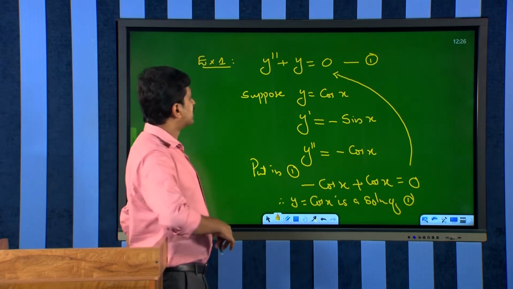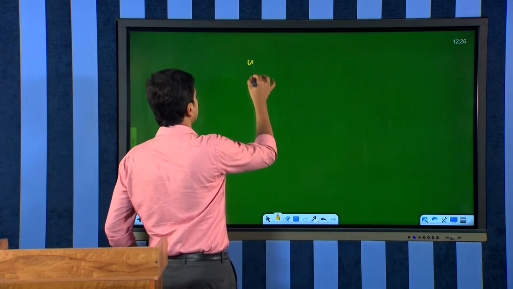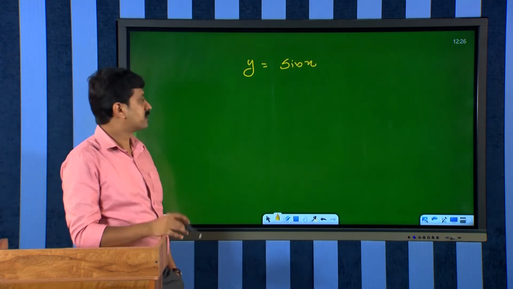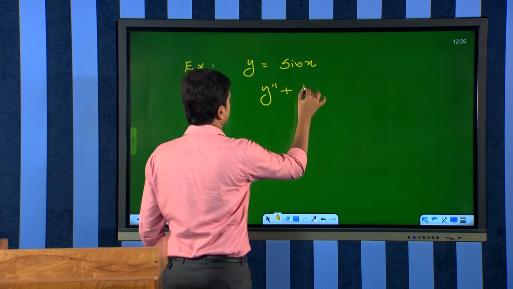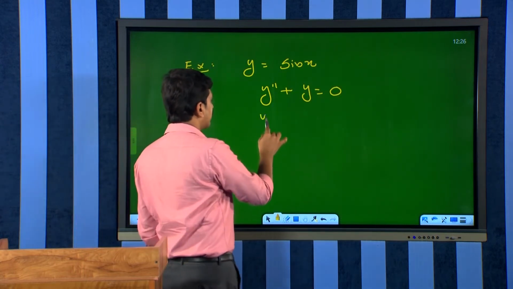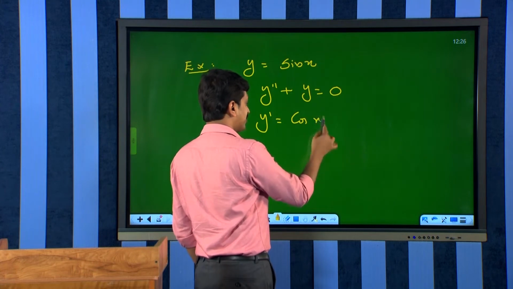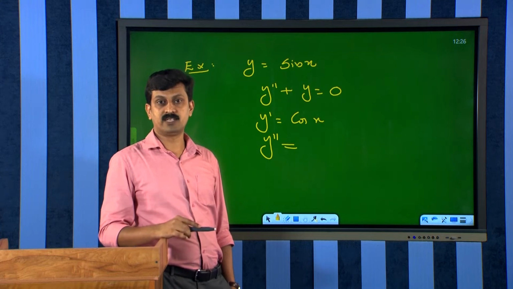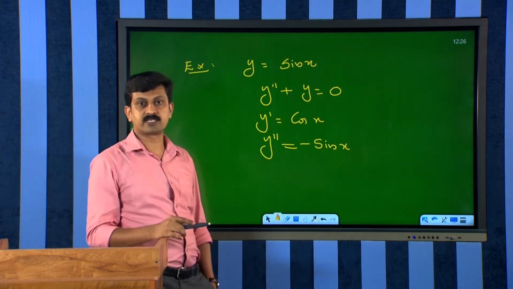Think about sin x. What will happen in the case of y is equal to sin x? The differential equation is the same, y double dash plus y is equal to 0. y dash is the derivative of sin x, which is cos x, and y double dash is the derivative of cos x, which is minus sin x.